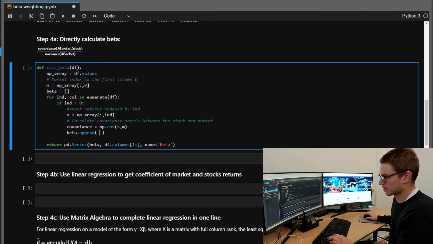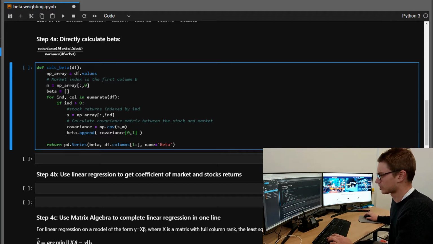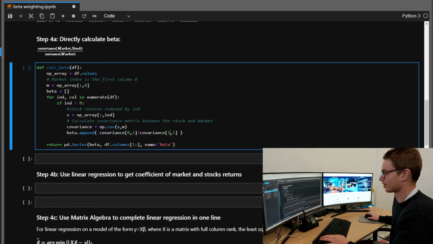to that list. Now remember this is a covariance matrix, so we're going to take the part of the covariance between S and M, and we're going to divide through by the variance, which is the covariance of the market against the market with itself.